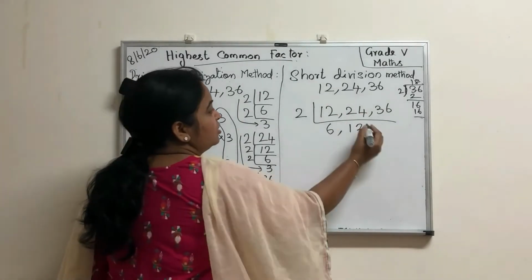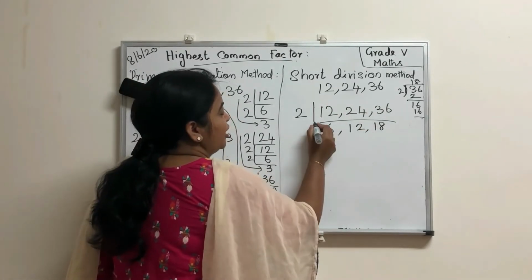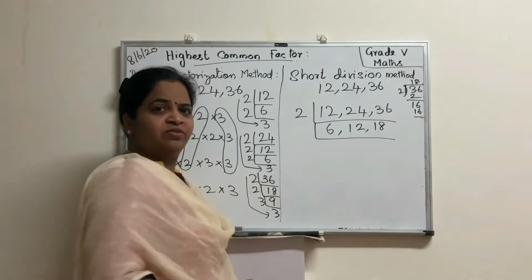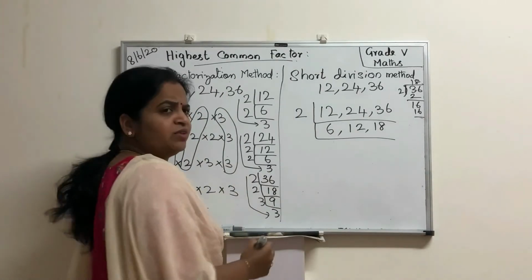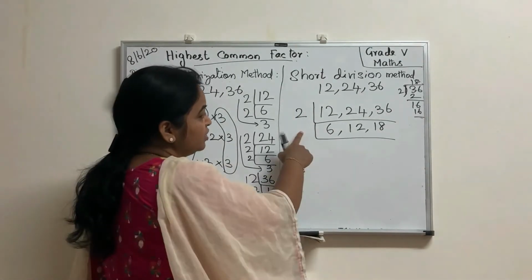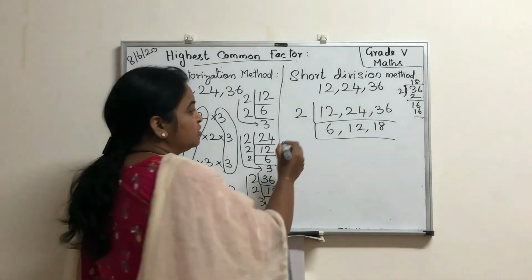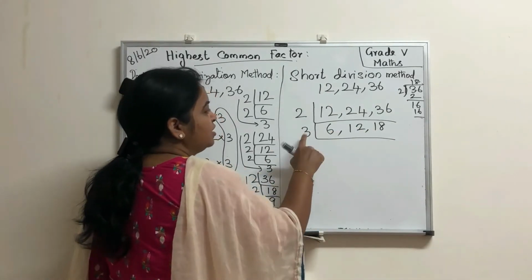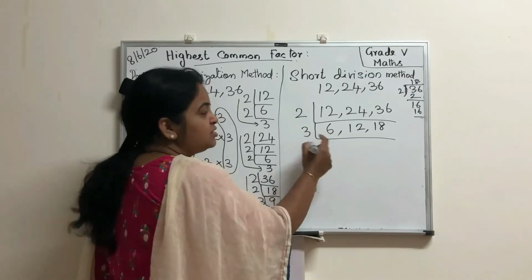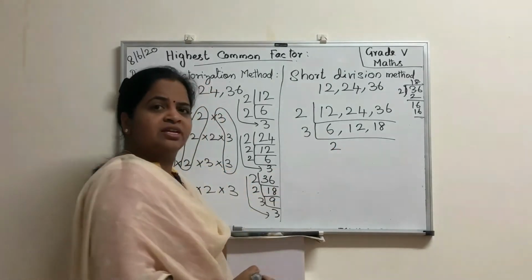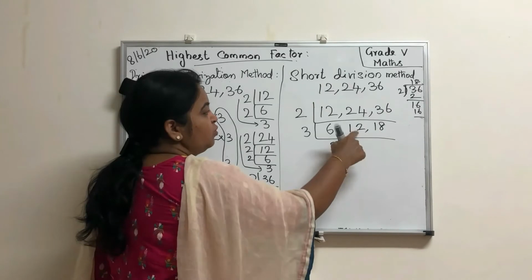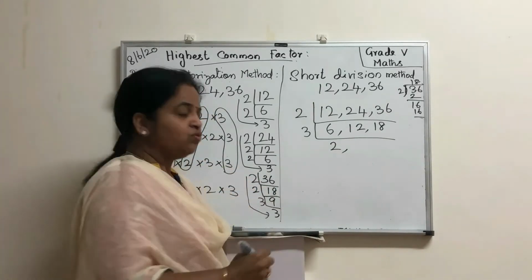Now you can divide with 2, right? You can divide with 3 also. Here all the numbers are divisible by 3 also, right? We will use 3 here. 6 divided by 3 is 2, 2 threes are 6. 12 divided by 3 is 4.